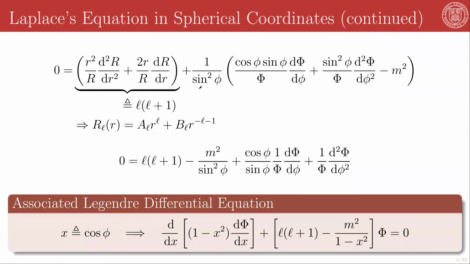For our second separation, we are going to choose a separation constant of the form l times l plus 1. And we're going to apply that now to this first set of terms in the derivatives of the R function.